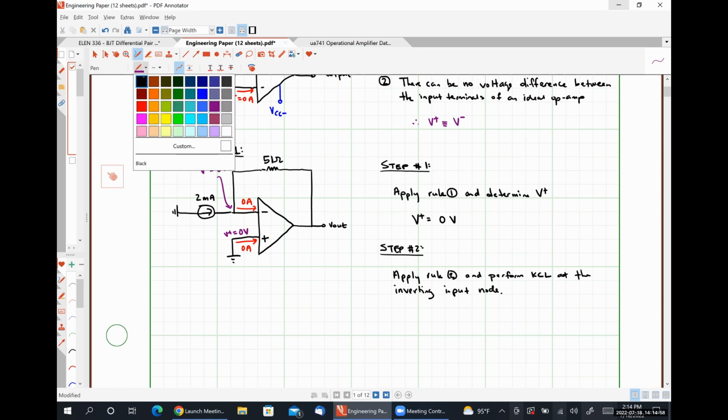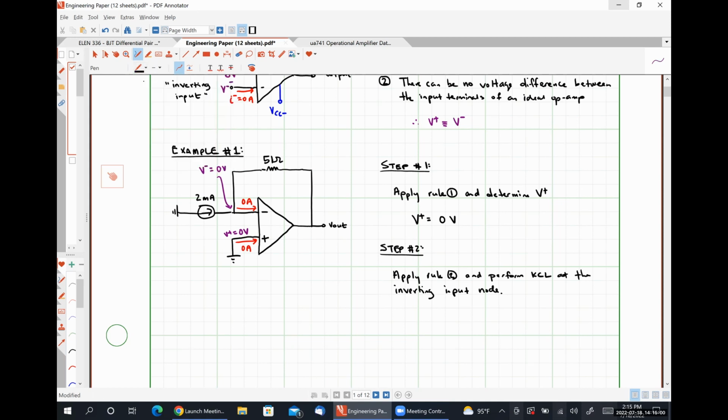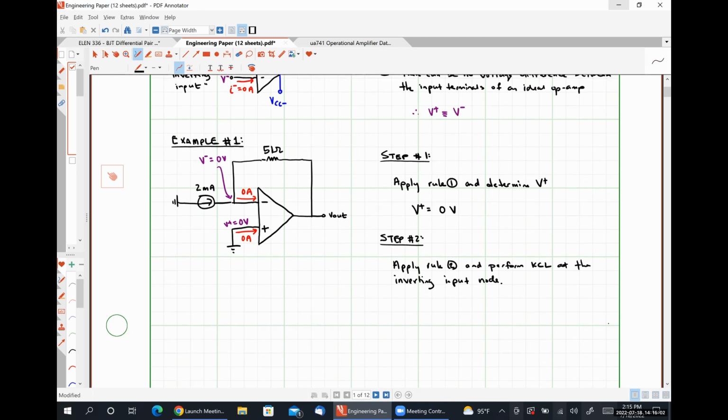If we apply Kirchhoff's current law at the inverting input node, and I'm going to write KCL where the current flowing in is equal to the current flowing out. So just to be clear here, I'm saying that this current flowing into the node has to equal this current flowing out of the node.